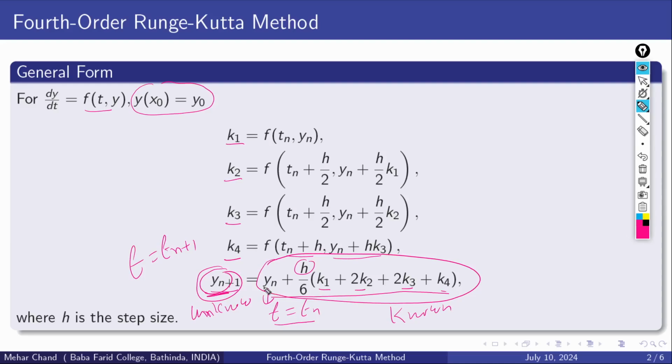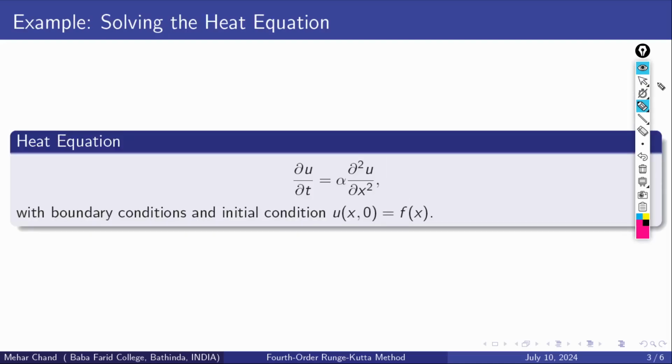Now we want to apply this Runge-Kutta fourth order method to solve a heat equation, and we choose here the example del u upon del t is equal to alpha del 2u upon del x square, and this is the initial condition.